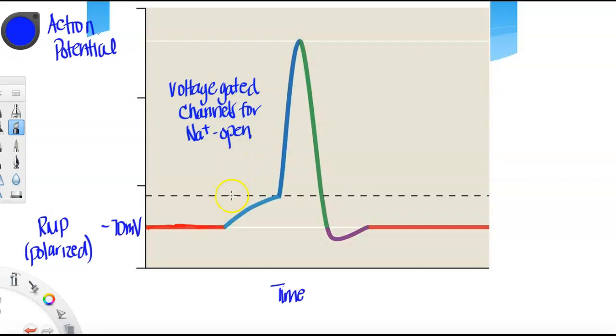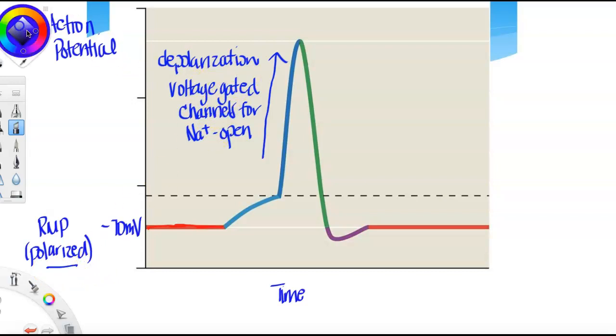Okay? And if they open, sodium is going to fly into the cell. And when the sodium comes into the cell, it's going to make the inside more positive. So it's going to get more positive, and that is called depolarization. So the membrane is polarized, it's at rest, now we're depolarizing it.